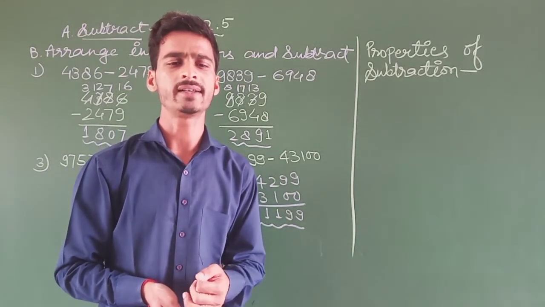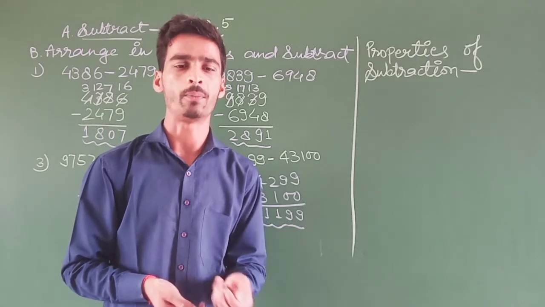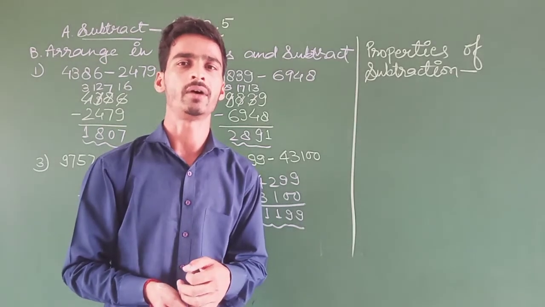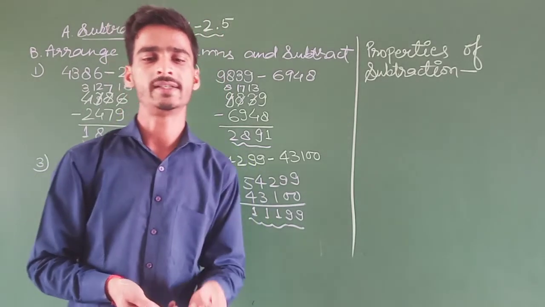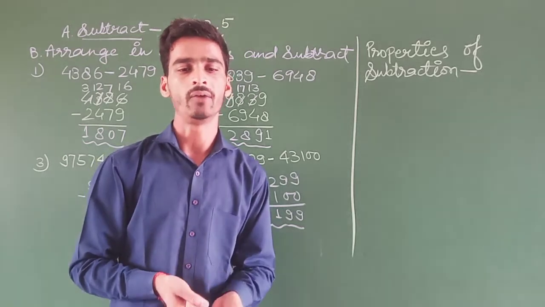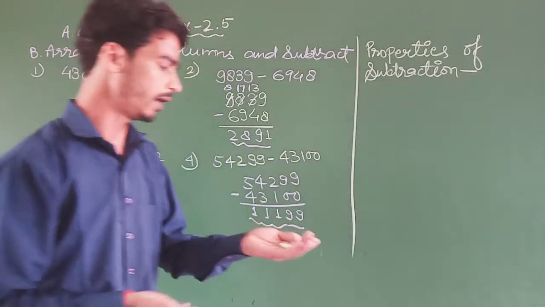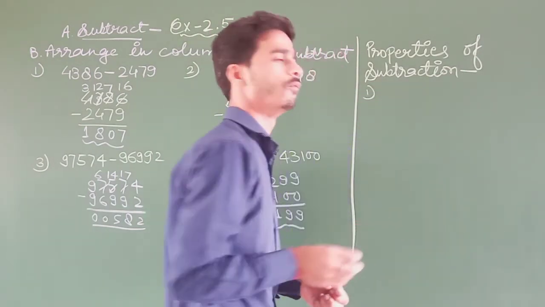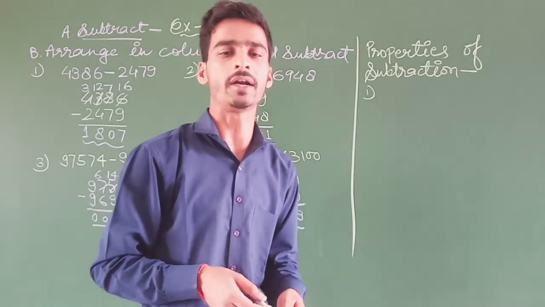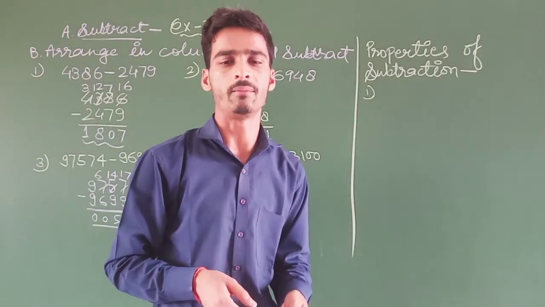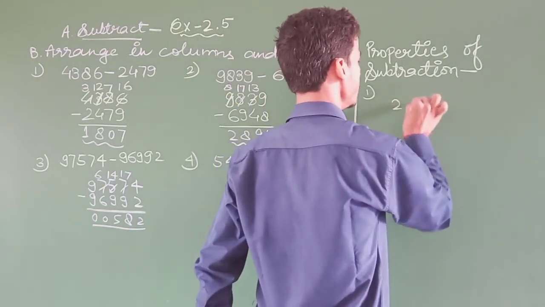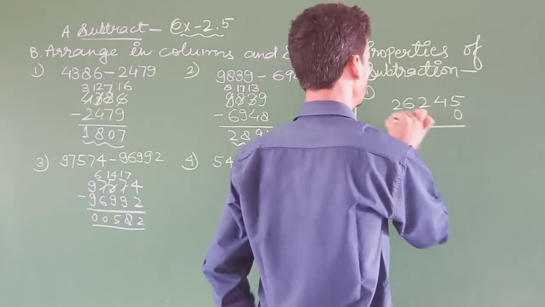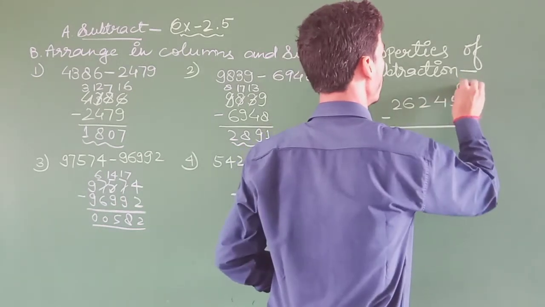When we discuss the first property: when 0 is subtracted from a number, the difference is the number itself. Let's verify it. 26,245 minus 0.